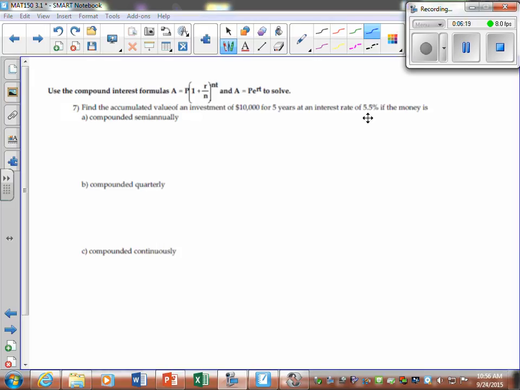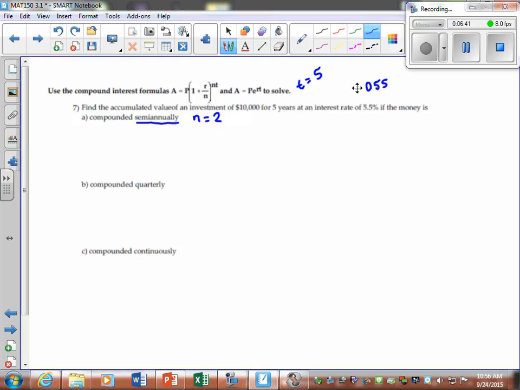Now, how will we write that as a decimal? 0.055. Remember, you write rates as a decimal. Here, our T is equal to 5 years. And the money is computed semi-annually. What does semi-annual mean? That N is going to be 2. Good.